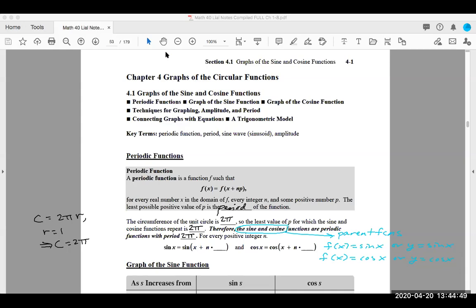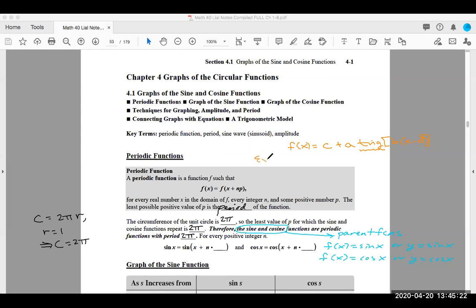So eventually, what we're going to be looking at are functions that look like this. You're going to have some value c plus a times whatever your trig function is. And then you're putting in this quantity, b times x minus d, into the trig function.